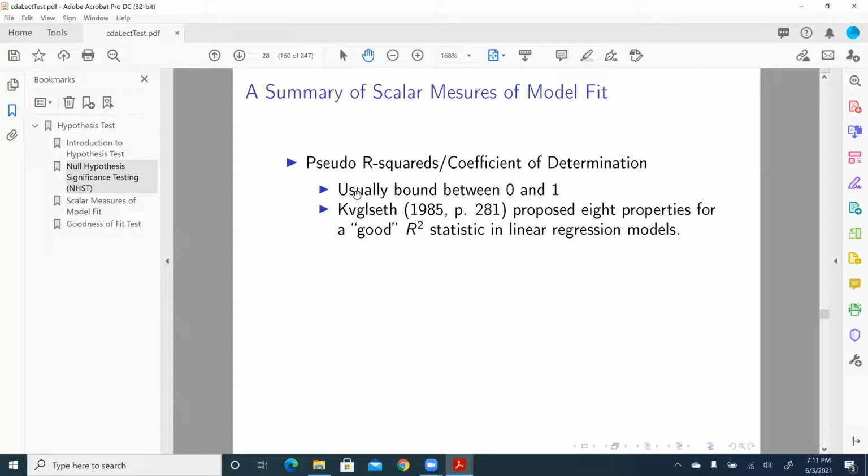Here I just mentioned one, usually bound between 0 and 1. There are a total of 8 properties. I'm not getting into details.